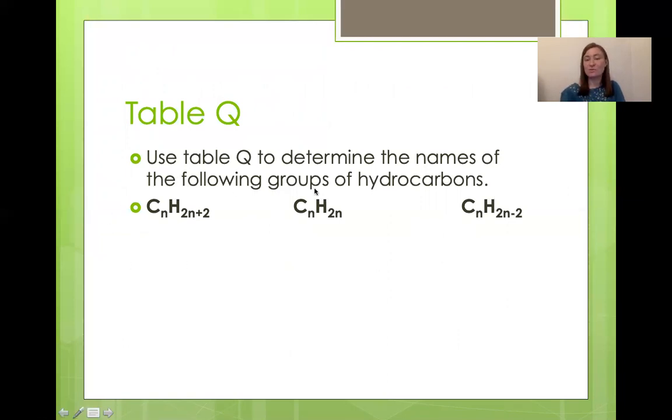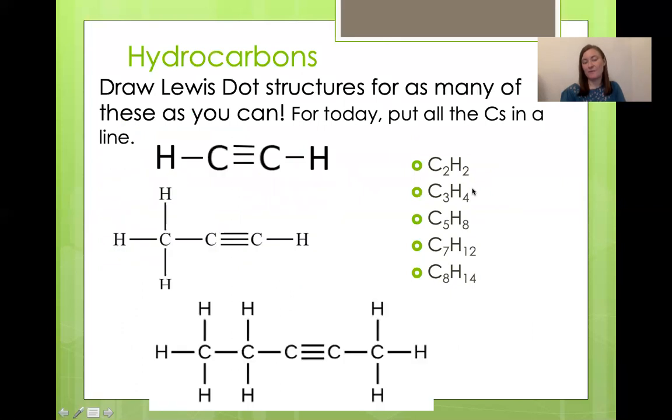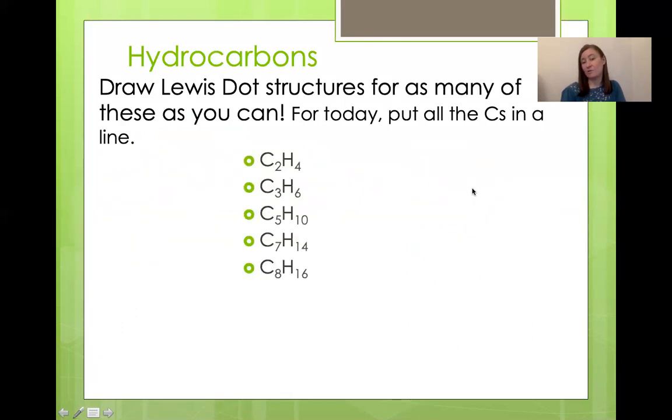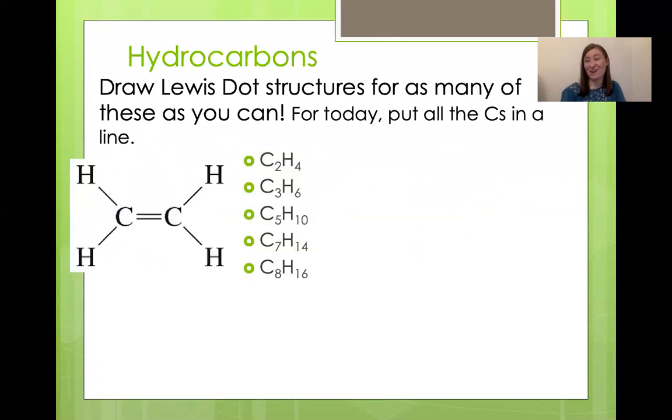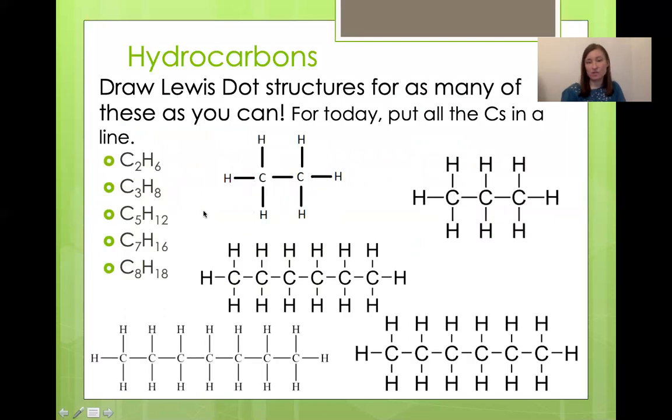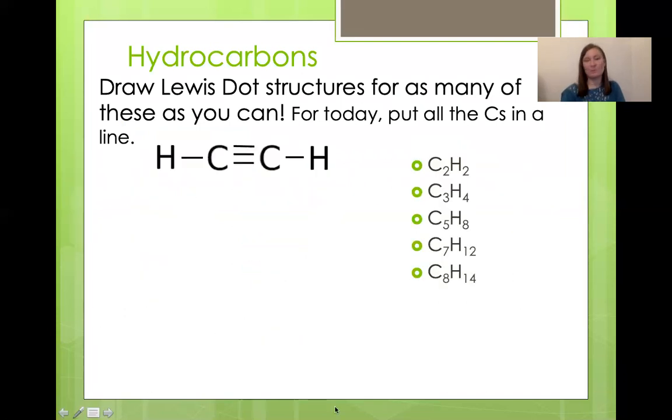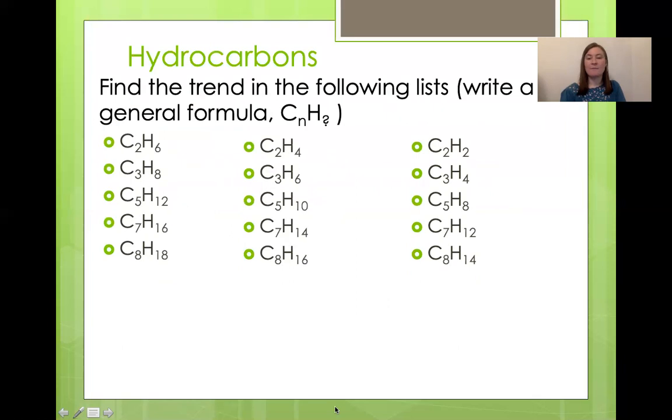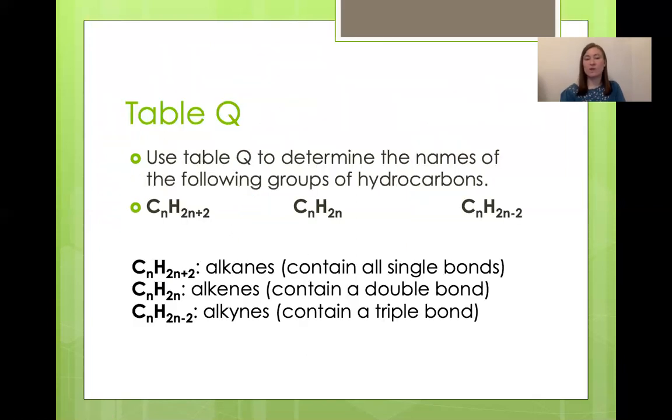Each of these groups has a name, and they also all have a special thing they all have in common. So with our first group, if you're looking at table Q, you'll see that the first group is called alkanes. The second group is called alkenes, and the third group is called alkynes.